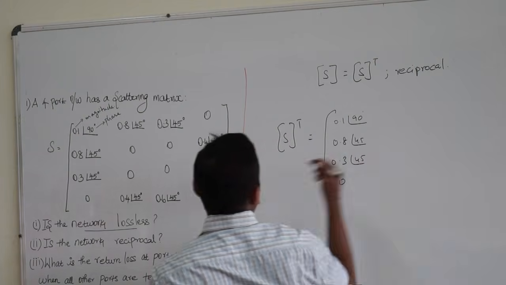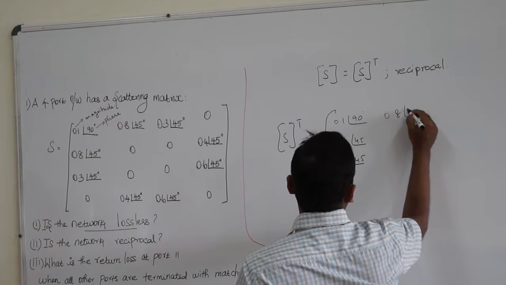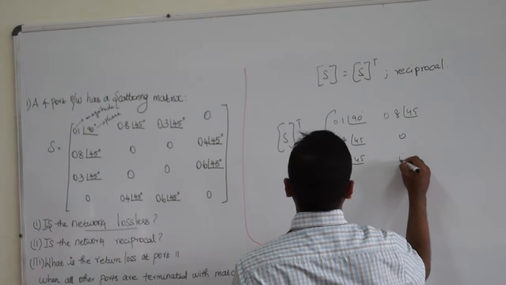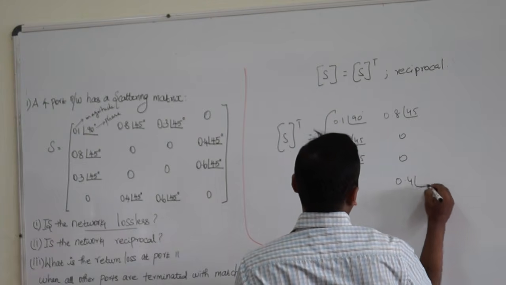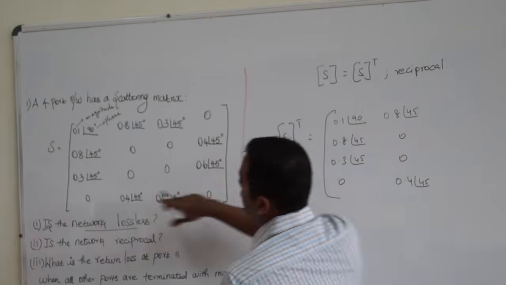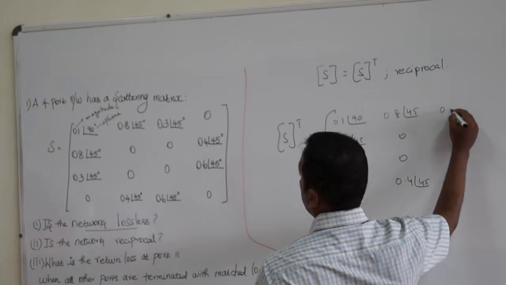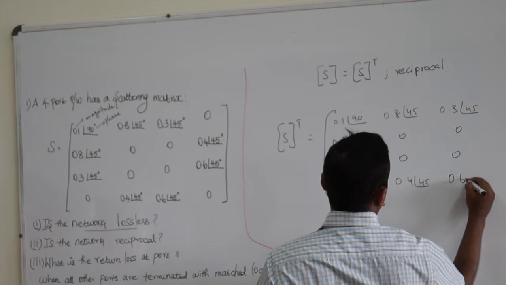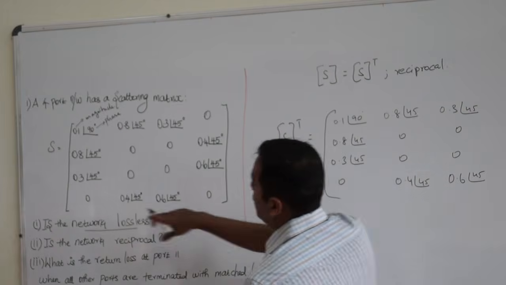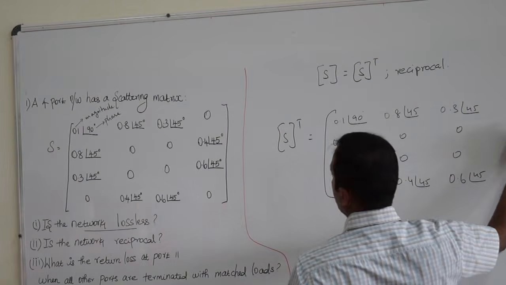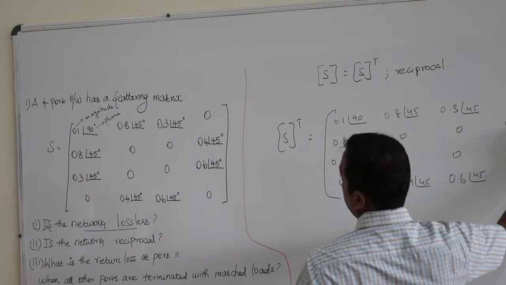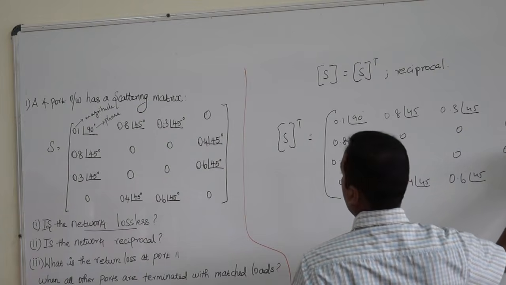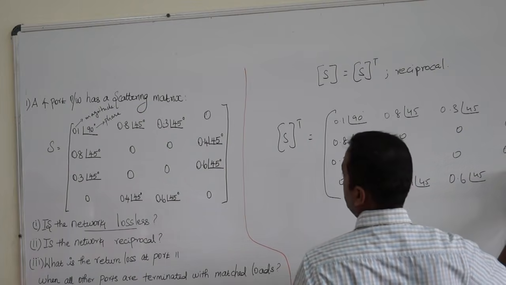The second row I'll have 0.8 angle 45, 0, 0, 0.4 angle 45. And the third row I'll have 0.3 angle 45, 0, 0, 0.6 angle 45. And the fourth row I'll have 0, 0.4 angle 45, 0.6 angle 45 and 0.